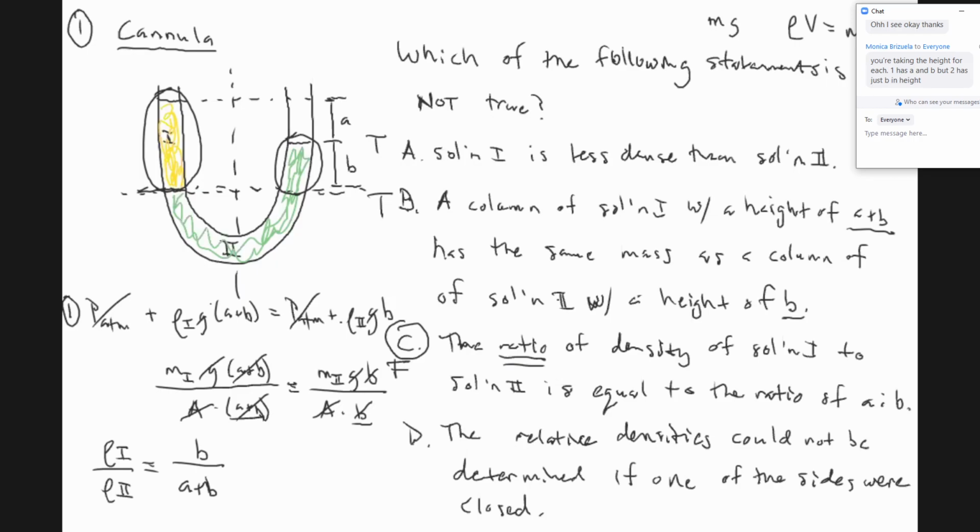Because how do you find volume, right? Volume is cross-sectional area times height. So if I plug it in, mass is equal to density times cross-sectional area times height. I just canceled out the cross-sectional areas.